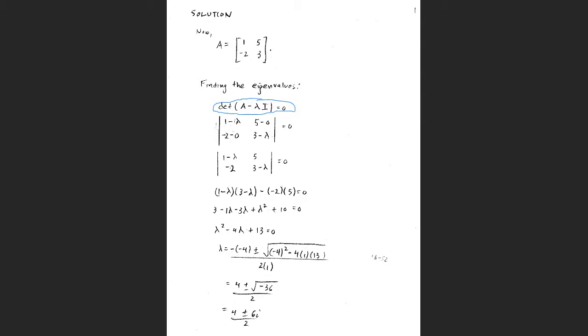And since this is a 2 by 2 matrix, you can get the characteristic equation and use the quadratic formula or factoring. In this case, we have to use the quadratic formula to solve for the eigenvalues.